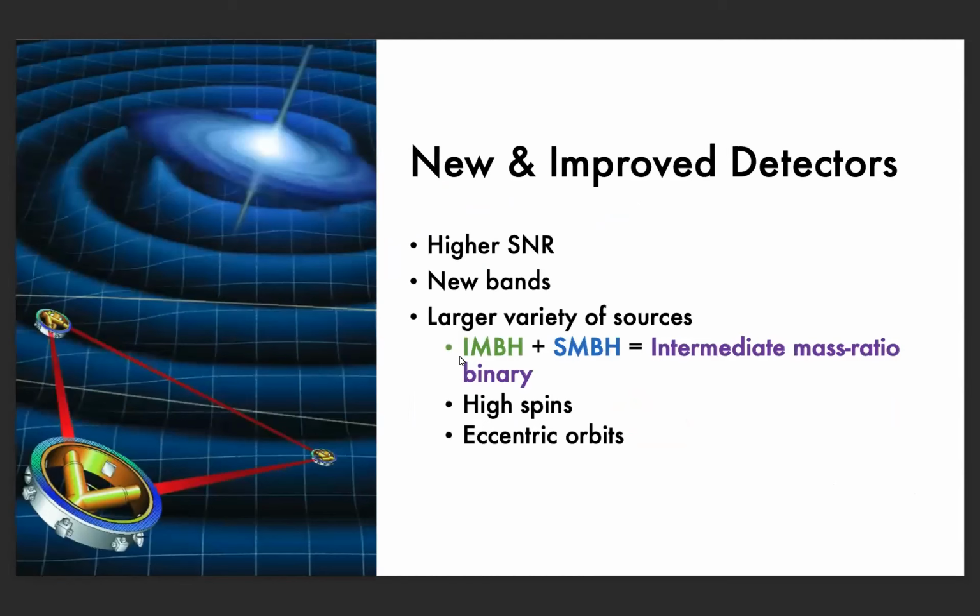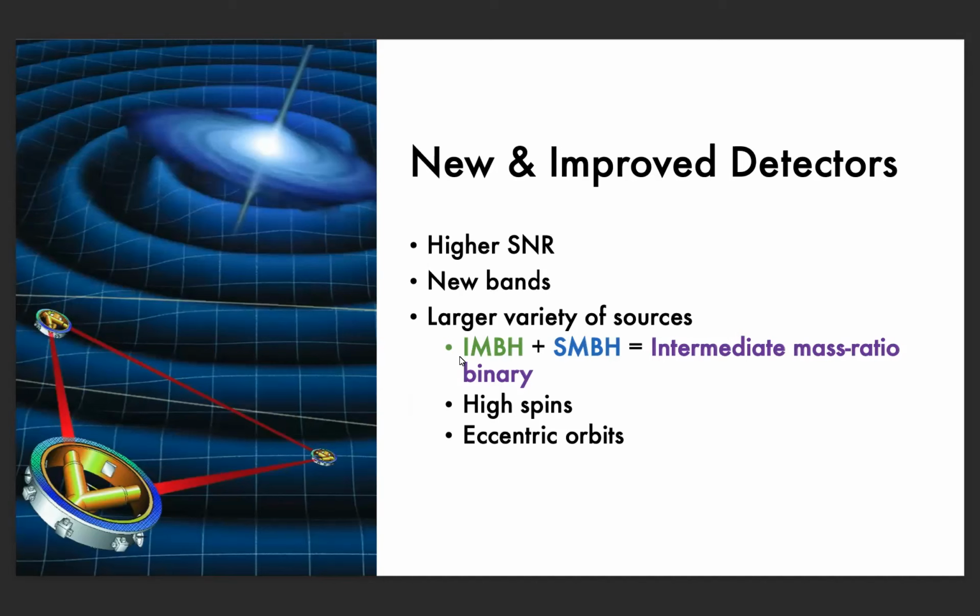This is an exciting time in numerical relativity because there's a lot of development, and this is driven by the new generation, or the exciting developments, in gravitational wave detection. The LIGO and Virgo detectors will have a series of upgrades over the next decade. The O4 observing run just began a couple months ago or so.